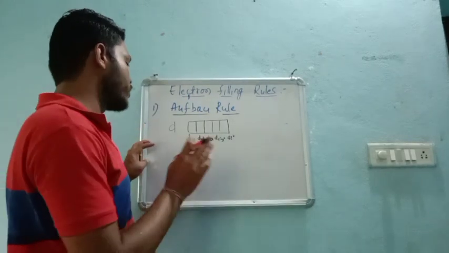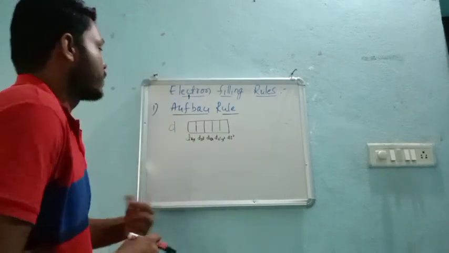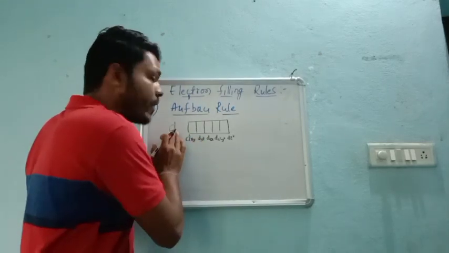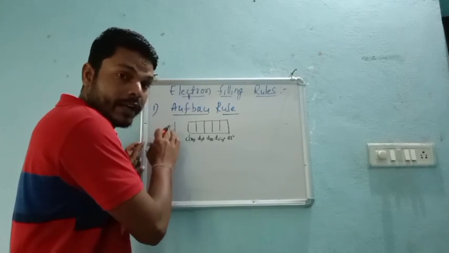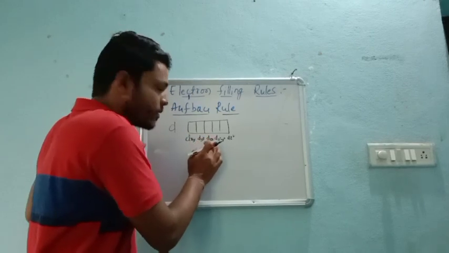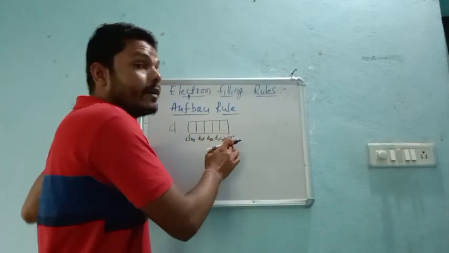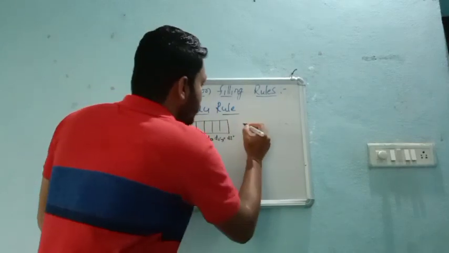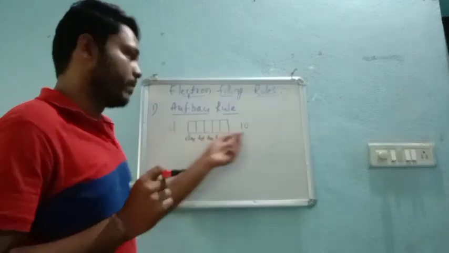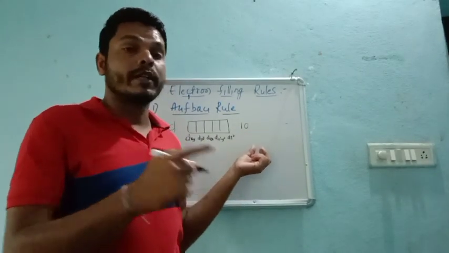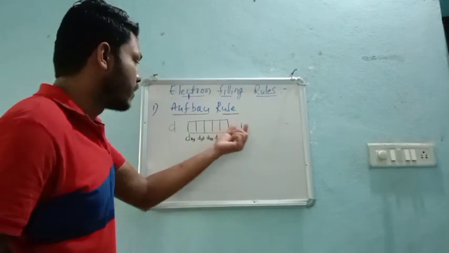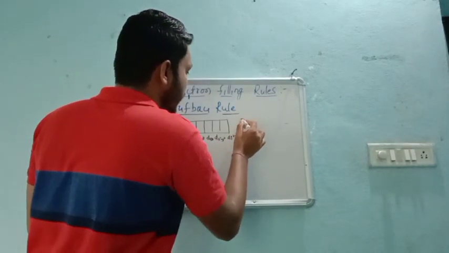We see the structure in the theory classes. So just remember there are 5 suborbitals in the d subshell, and the maximum number of electrons present in the d subshell is 10. It will not exceed 10, whether it is the 3rd d shell, 4th d shell or 5th d shell. The maximum number of electrons is always 10.